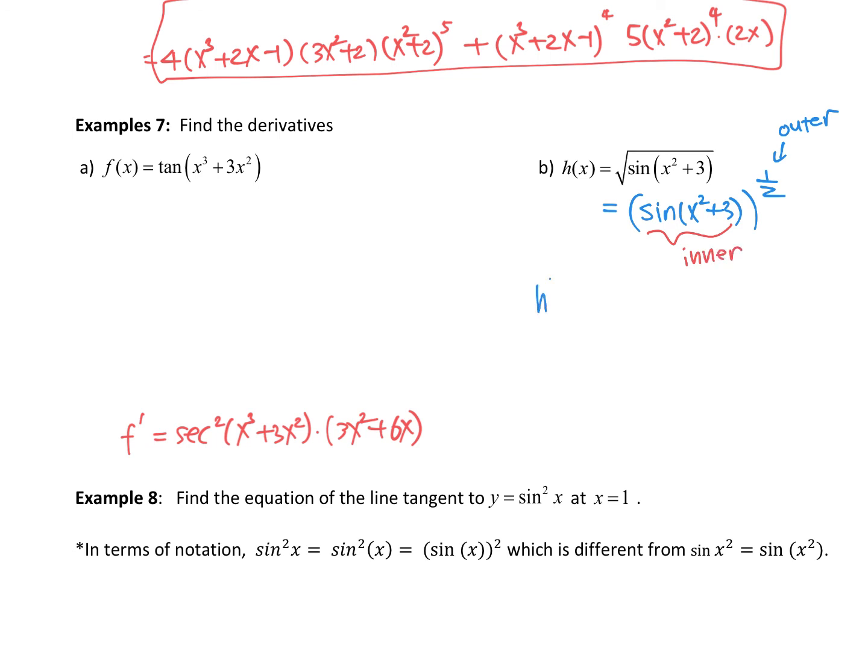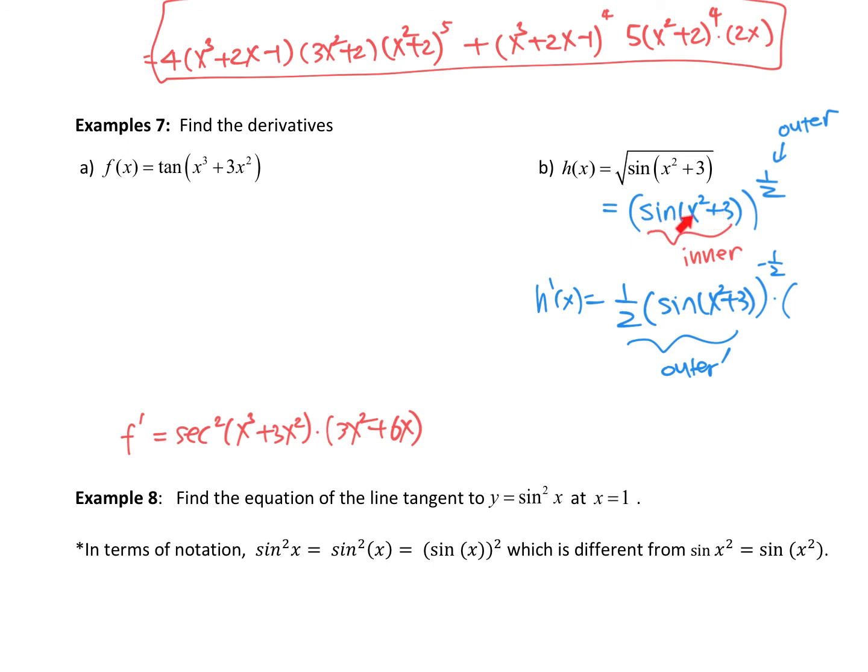So h prime of x is, I'll take the derivative of the outer function, so 1/2, and leave the inner function as is, to the negative 1/2 power, right? So this is the derivative of the outer times the derivative of the inner function. So the inner function is sine of x squared plus 3.